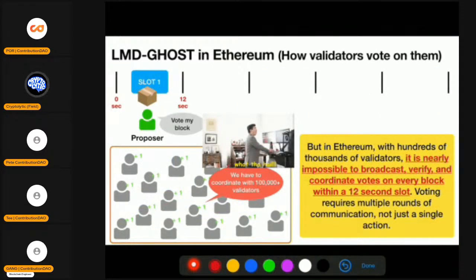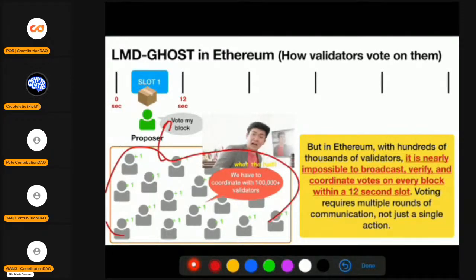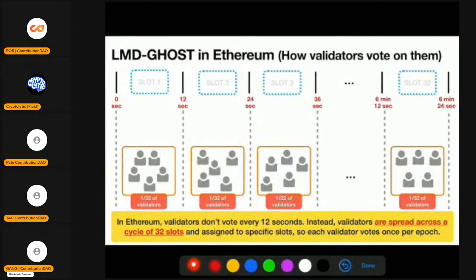So how is Ethereum going to solve this? We don't want all of the validators to vote within just 12 seconds. So instead of letting all of the validators vote within one slot, the validators in Ethereum are split across a cycle called 32 slots.